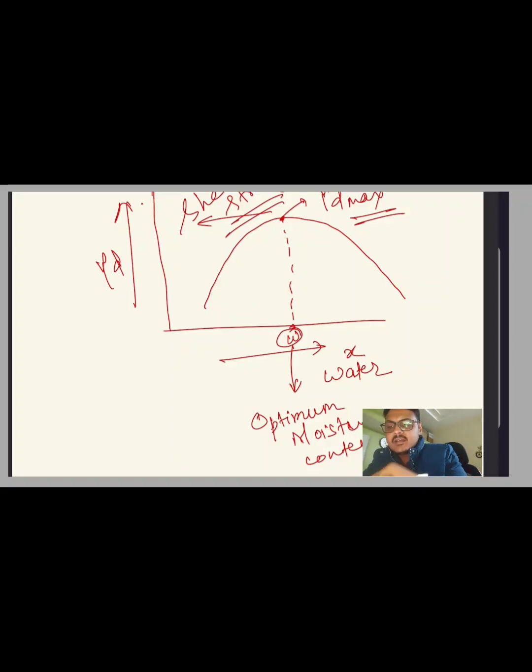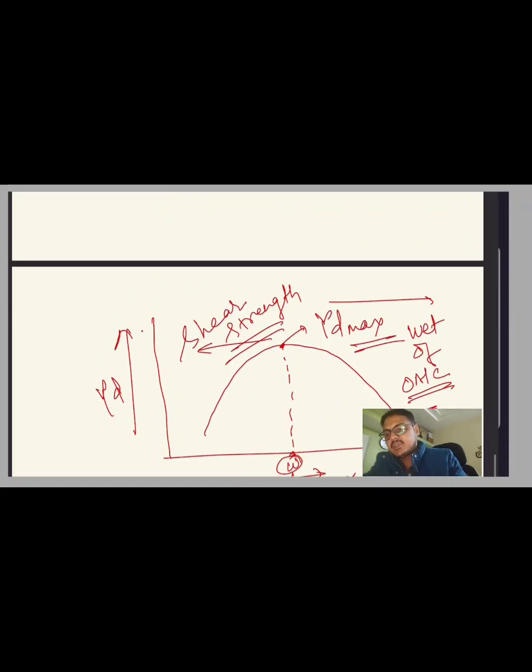And to the right of it is called the wet of OMC. Wet of OMC is the soil where there is no leakage of fluid through it because it is already high in liquid. So generally the cores of earthen dams are made on the wet side of the OMC.